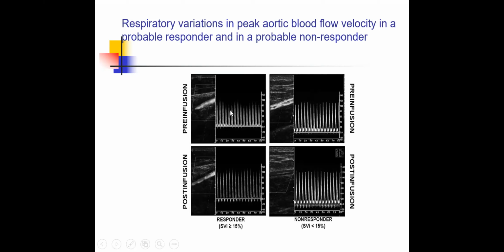In a responder, we see these respiratory variations pre-infusion, and after infusion they are almost blunted. So the SVI here rose by more than 50%, and we can accept that this was a fluid responder. Here the respiratory variations are not much, and post-infusion there is not much appreciable change. It is less than 15%, so it's a non-responder.